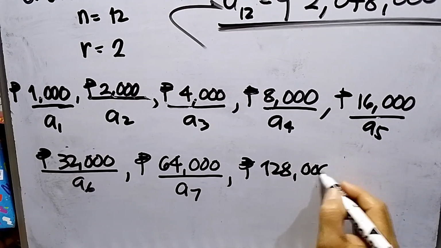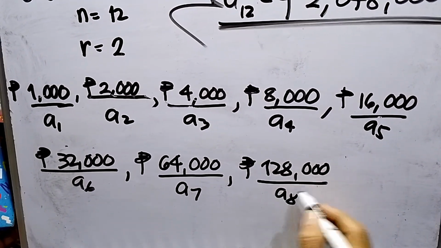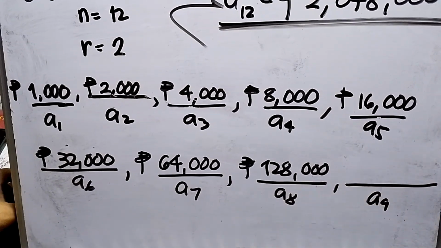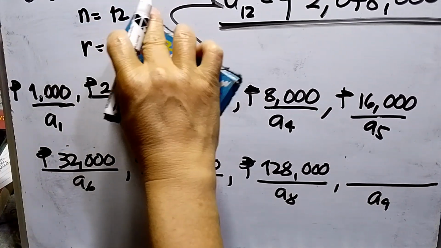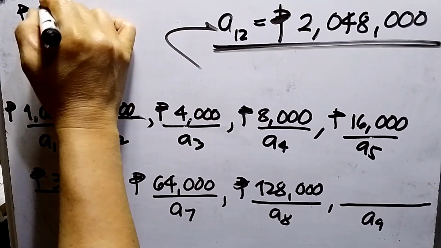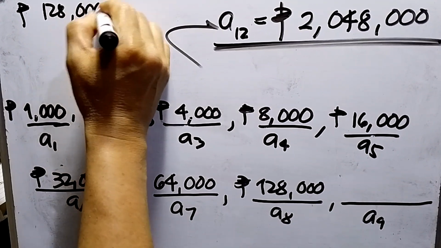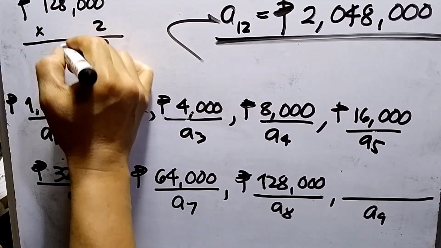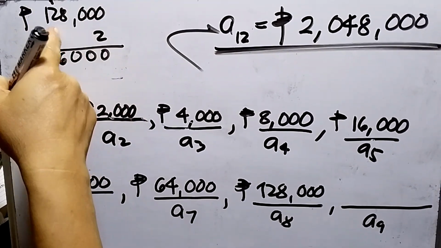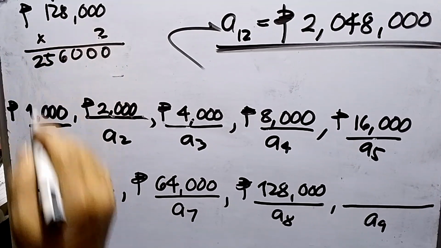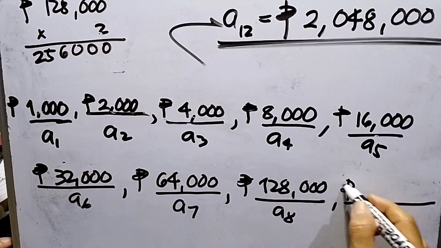How about A sub 9? So let us multiply 128,000 times 2. So this will be 0, 0, 0, 16, carry 1. 2 times 2 is 4, plus 1 is 5. 1 times 2 is 2. So I have 256,000.